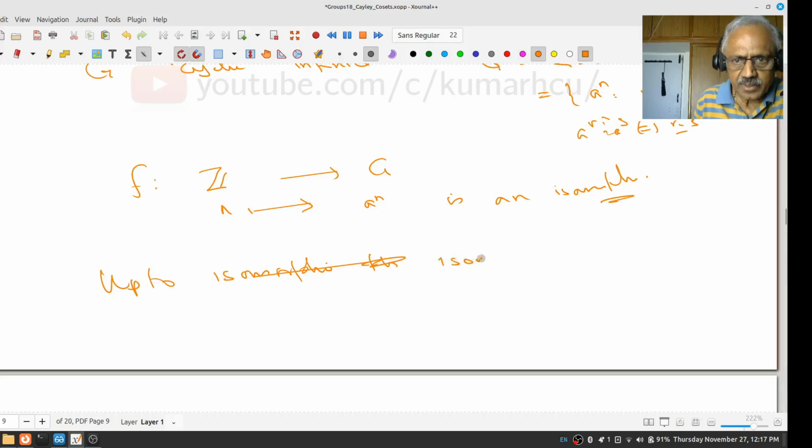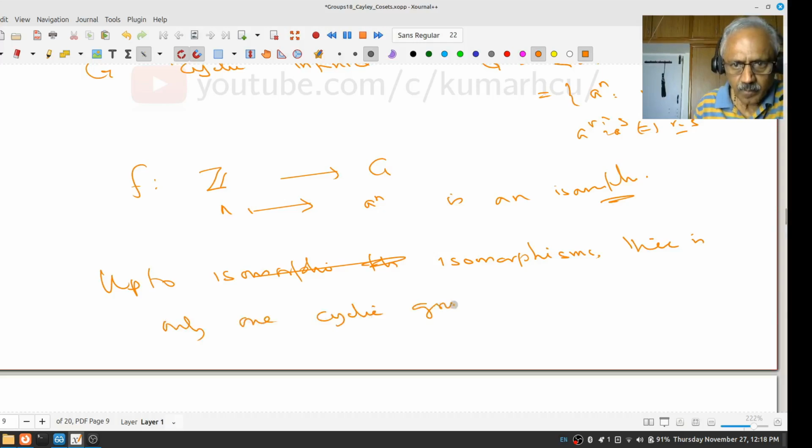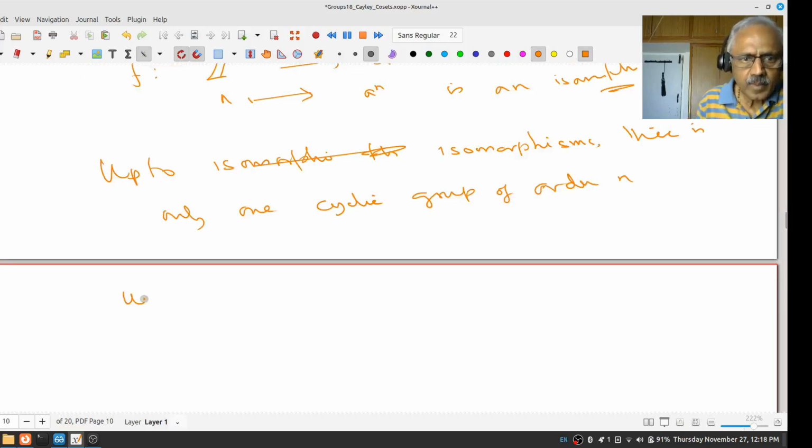This is the word you will keep hearing, algebraists will use it. Up to isomorphisms.